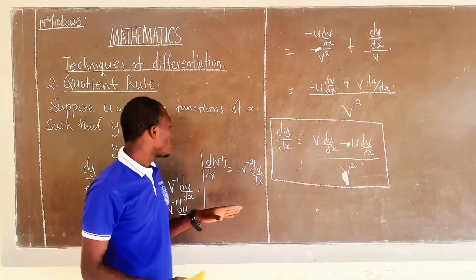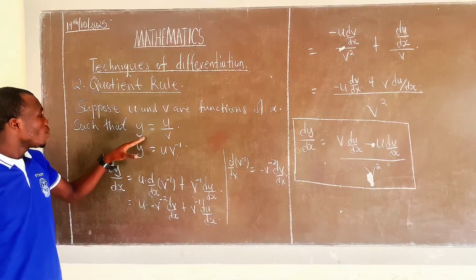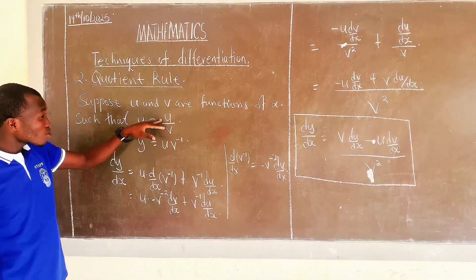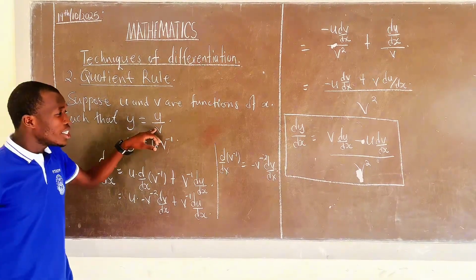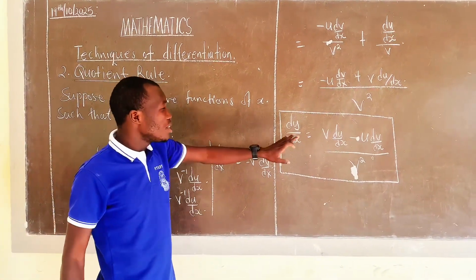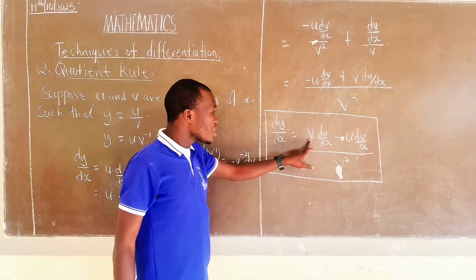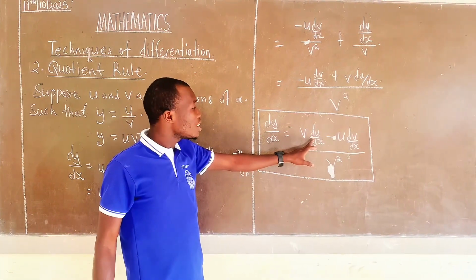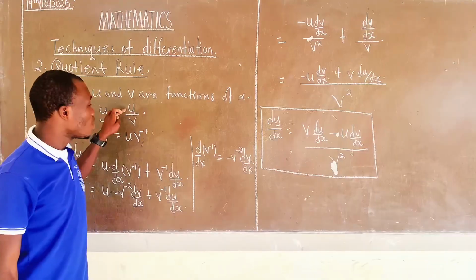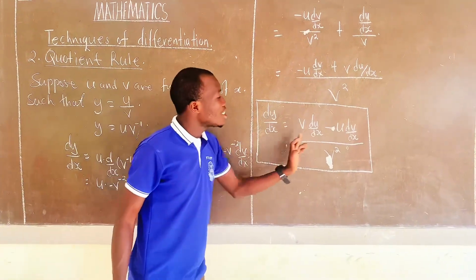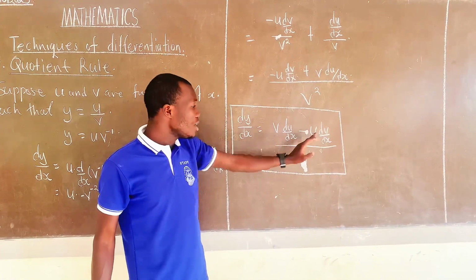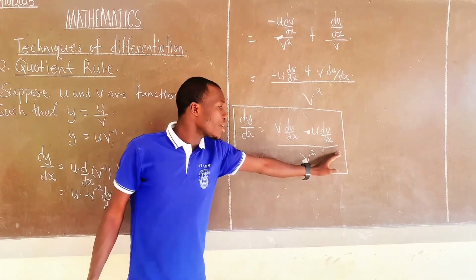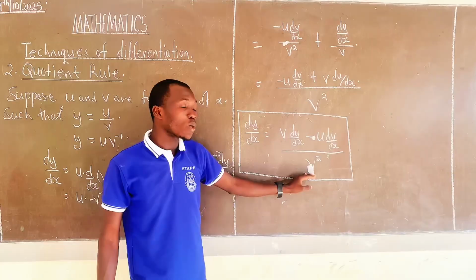Now what does it mean? It means that when you are having a function y is equals to u over v, when you are finding the derivative, you will keep v constant, differentiate u, then you subtract, keep u constant, then differentiate v, then divide everything by what? By v squared.